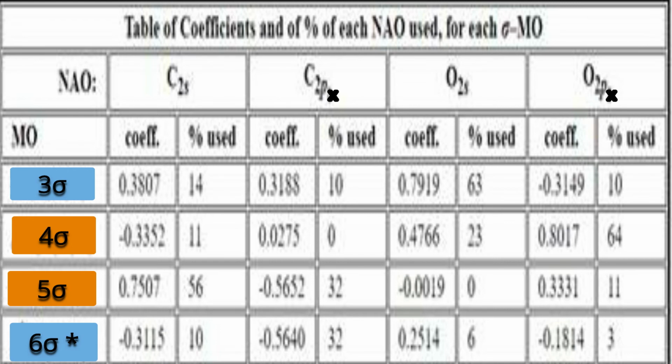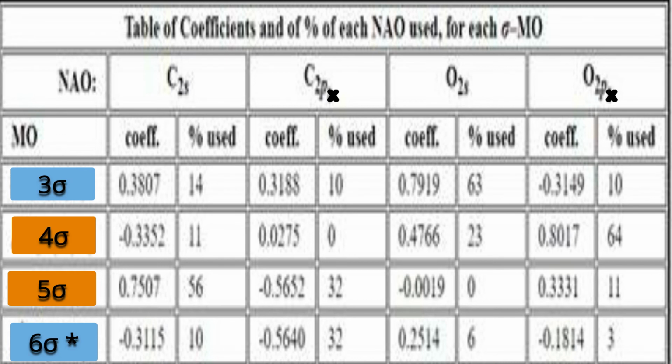For 4 sigma and 5 sigma, hybrid characteristics are there. Mixing of bonding and anti-bonding characteristics are there. Let us see the 4 sigma orbital. Major contribution is of O 2px, 64%, and it is bonding to oxygen 2px orbital.